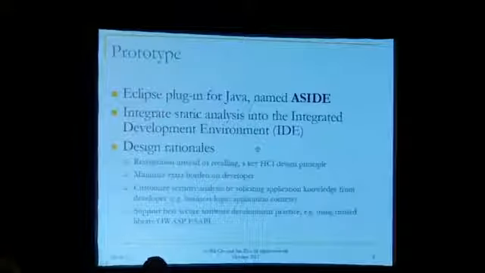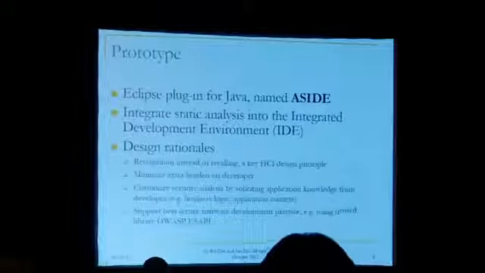So with that, what I'm going to show next is our prototype demo of a project called ASIDE, which stands for Application Security in an IDE Environment. And part of this is an open source OWASP project, so you can Google OWASP ASIDE and you'll find the page. Our design rationale is that this is designed to be used by developers, not by security professionals.